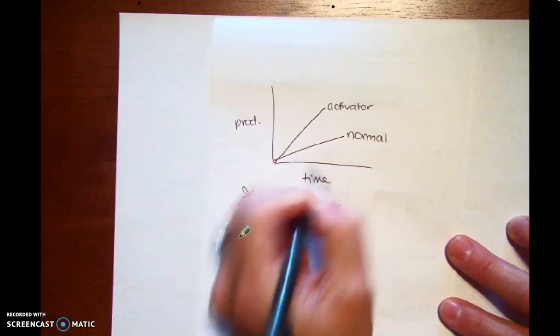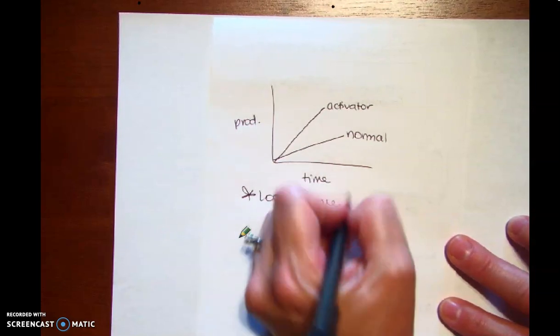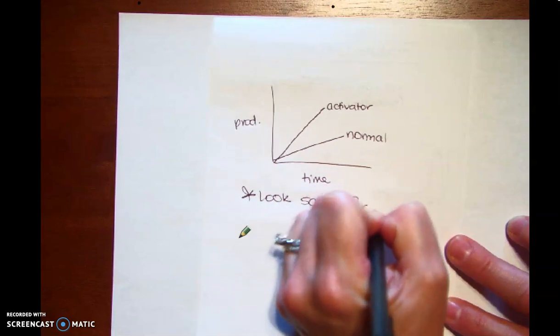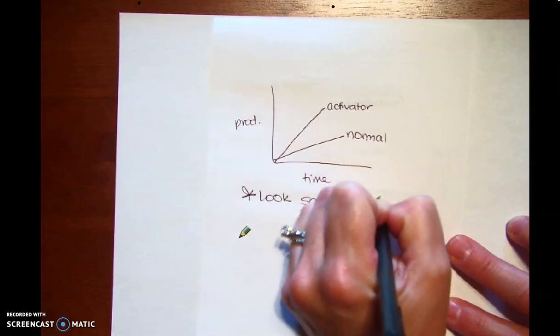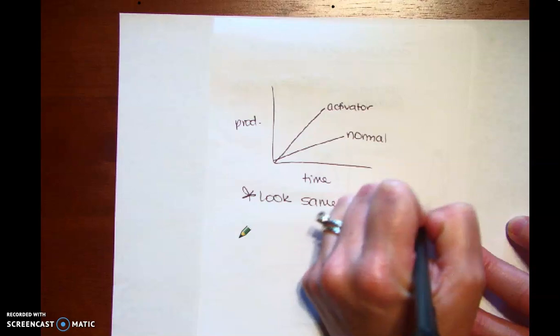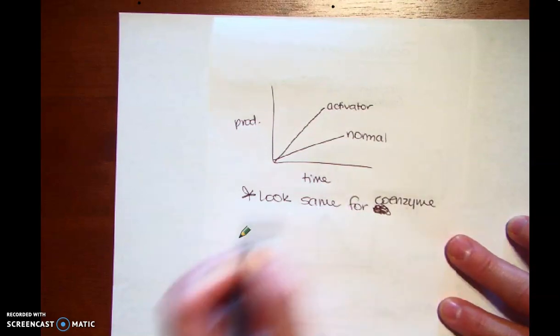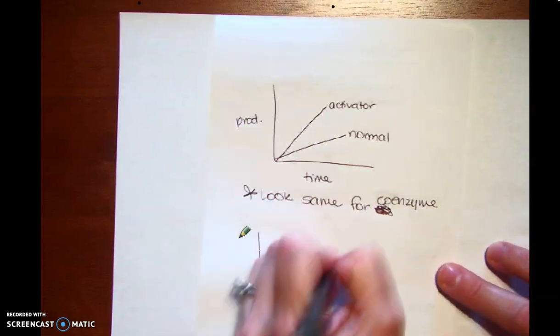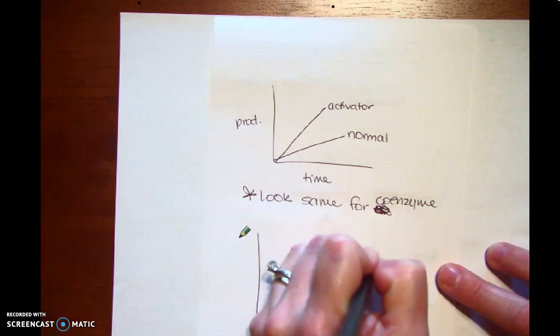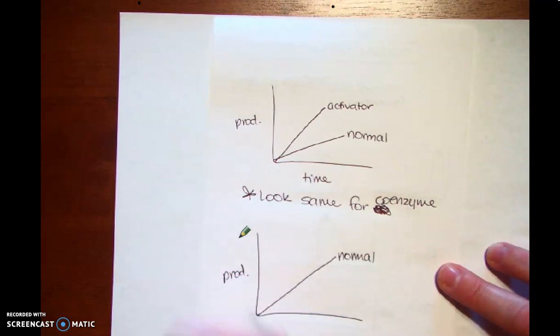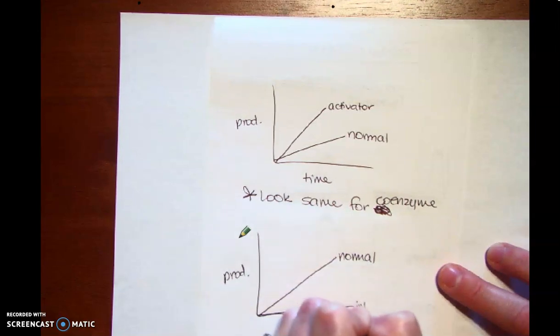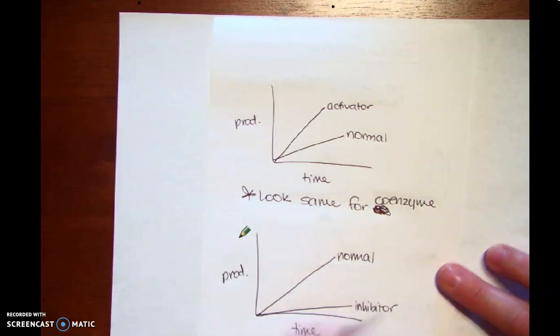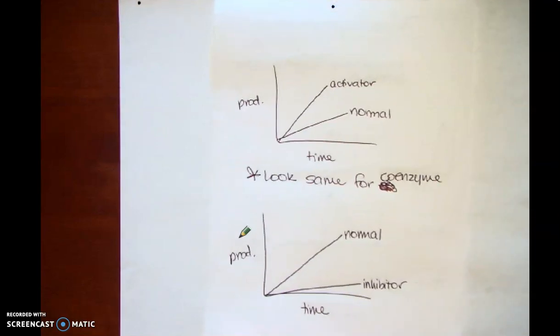When you add a coenzyme, it helps that enzyme, and so it's going to happen faster with a coenzyme too. And with the inhibitor, this is normal, product formed over time, and with the inhibitor, you see it either drops to 0 or fairly close to 0.